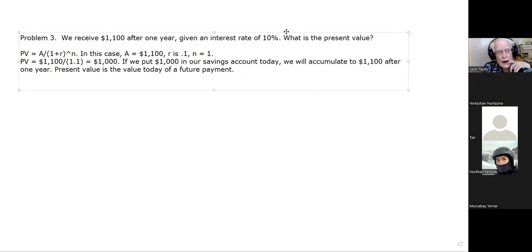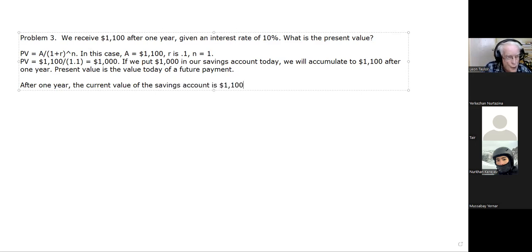Now look, after 1 year, the current value of the savings account is $1,100, because next year, 2023, we will have $1,100.